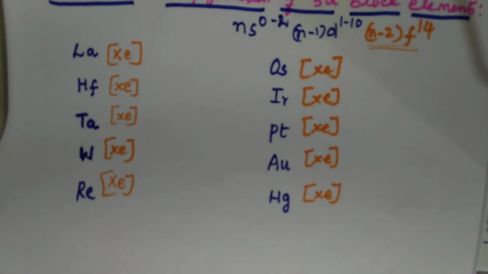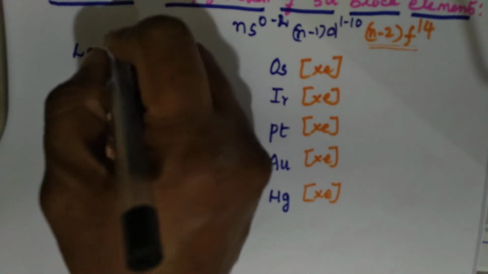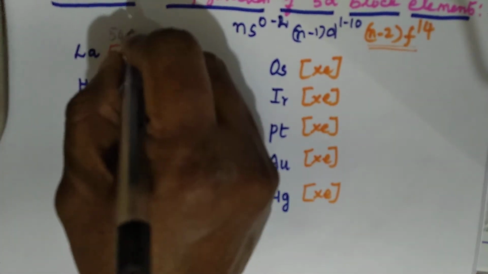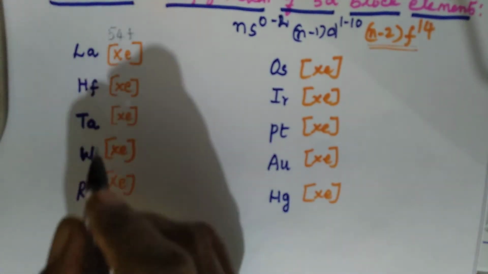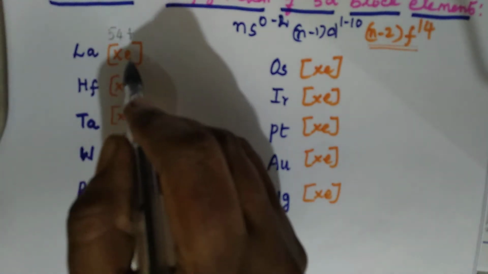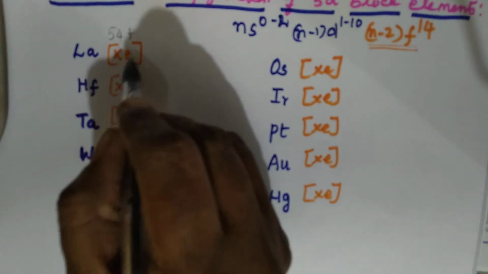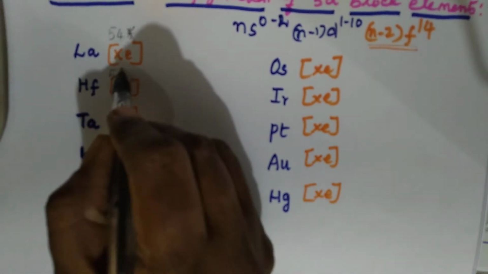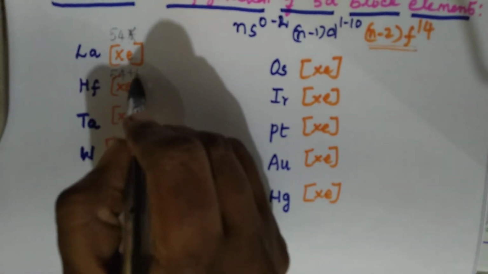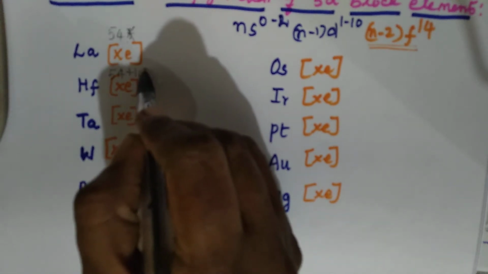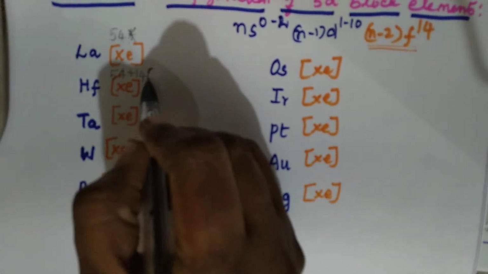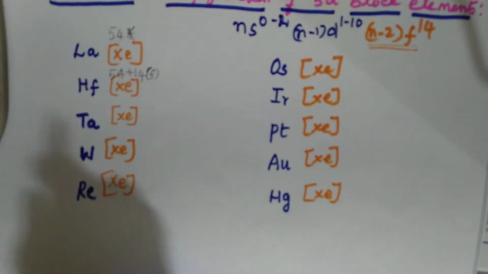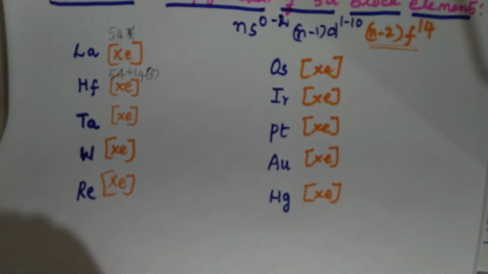Make a note of it. Not only 54, you have to add 14 electrons from hafnium onwards. For lanthanum we don't have that. But for hafnium onwards, you need to add 14 more electrons from the F subshell. I write 14 of F like this, so it would be easy for you to remember.